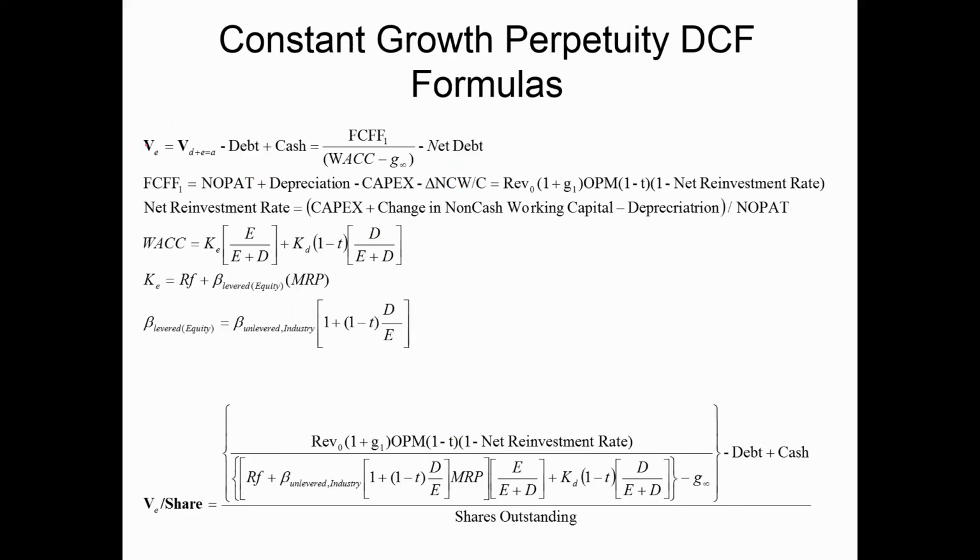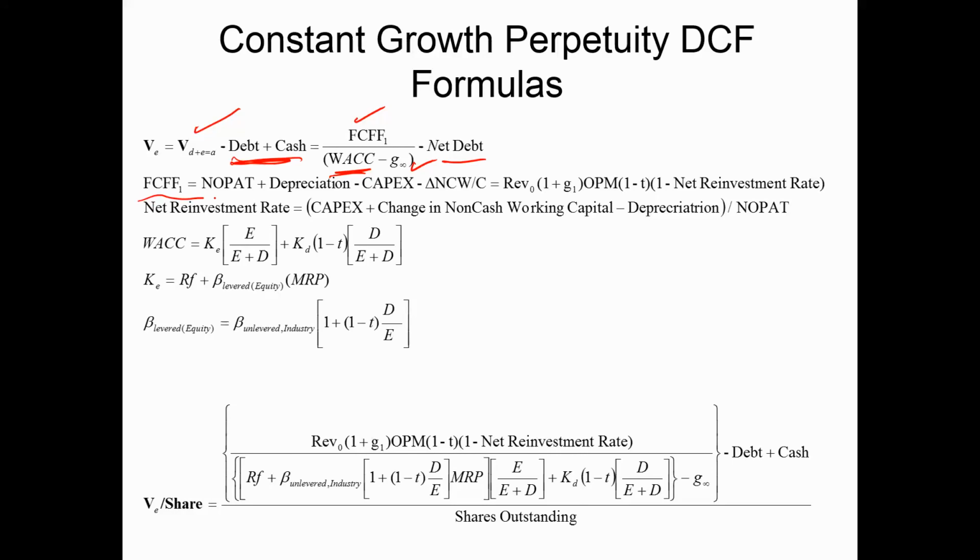I'm going to say that the value of equity is the value of debt plus equity, minus debt plus cash. And if I'm using a one-stage constant growth model, I'll take my free cash flow estimate for next year, assume that it grows at some constant rate, G infinite, discount it at the WACC, and subtract off the net debt, which is debt and cash.